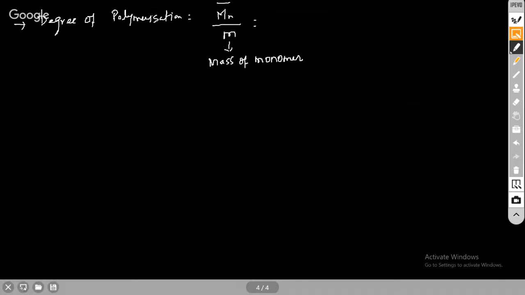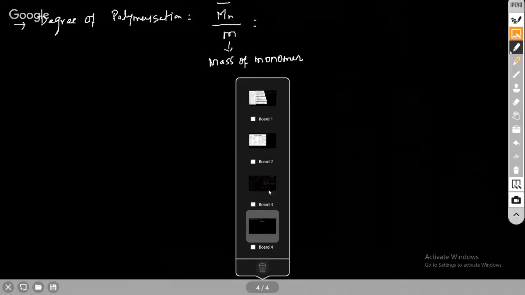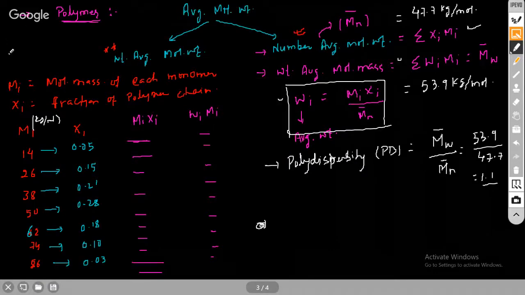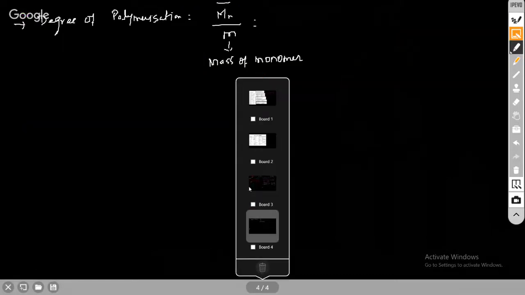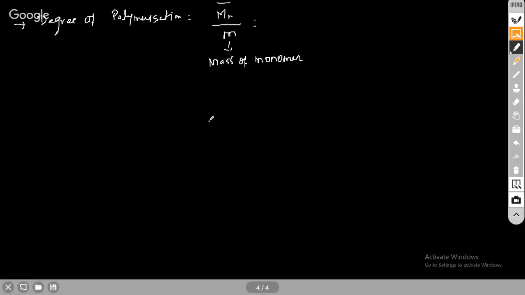In this question, it is given that the mass of the monomer is 56, unit is the same, kg per mole. That value you can substitute here and you will get the answer.